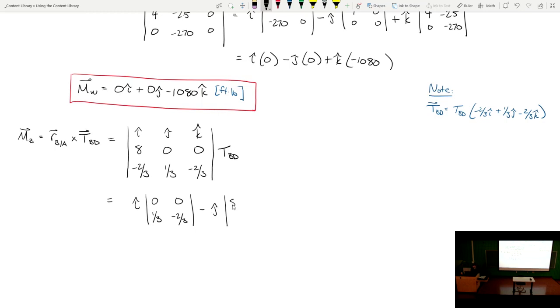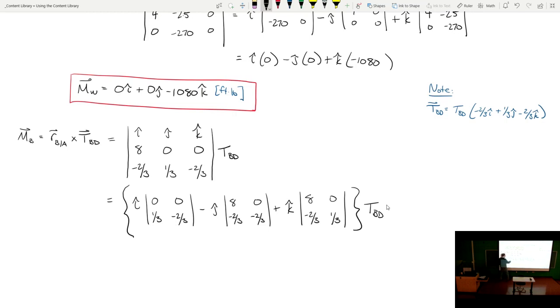So that's 8, 0, minus 2/3, minus 2/3, plus k times that determinant, which is 8, 0, minus 2/3, 1/3. But then the whole thing still has a T_BD on it, so don't forget that.